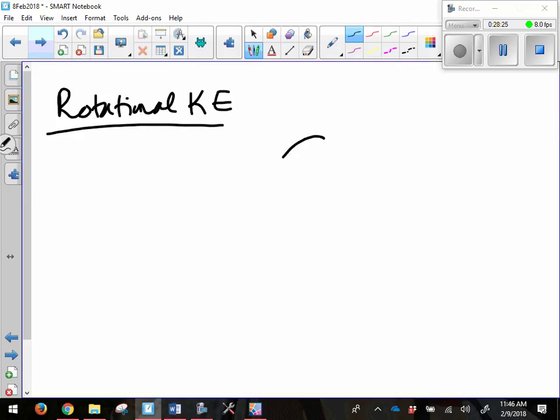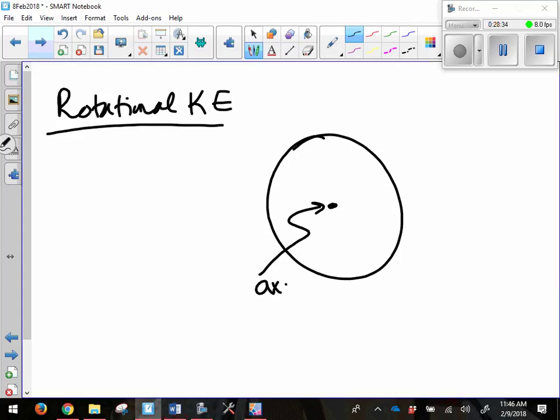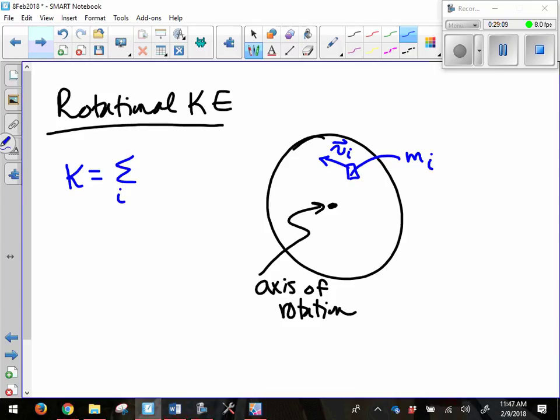If I want to find the rotational kinetic energy of some body that's rotating, so here's my axis of rotation, then I really need to add up the contribution from each piece.